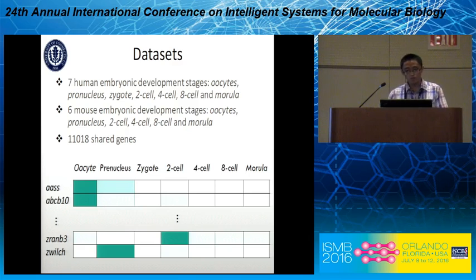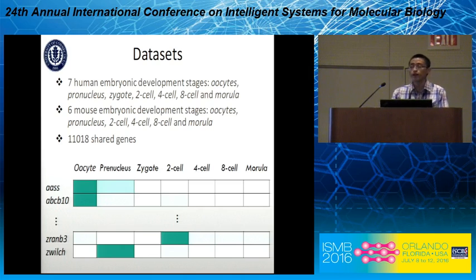Before I get into our approach, I want to briefly introduce the data sets we have in our study. We have two data sets, one for human and the other for mouse. For human, we have data for 6 development stages: oocytes, pronucleus, zygote, 2-cell, 4-cell, 8-cell, and then morula.